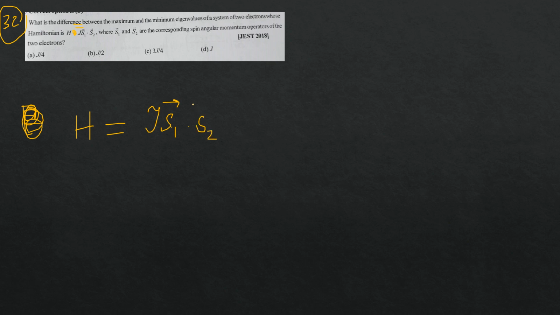So this is the Hamiltonian here, where S1 and S2 are the corresponding spin angular momentum operators of two electrons.